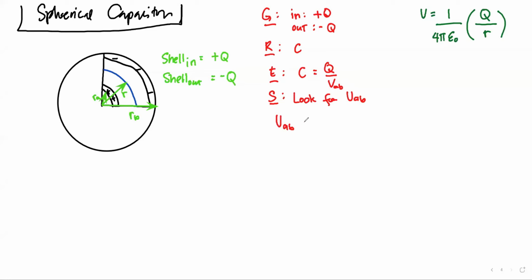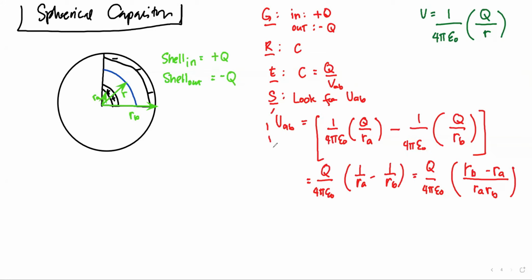Okay, so VAB is equal to Q over 4 pi epsilon naught times RB minus RA divided by RARB. After which, just plug it in. Your C is equal to Q divided by that.